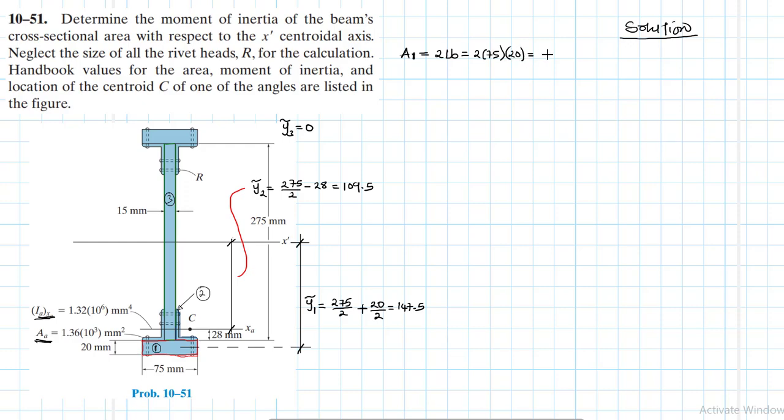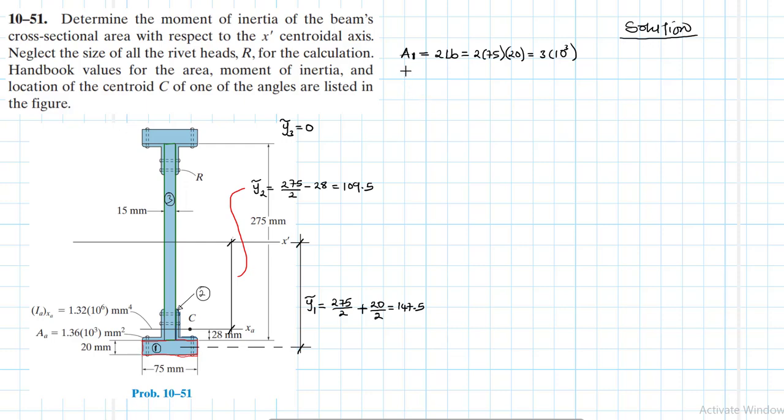Therefore, this gives us 3000. I'll write it the way they wrote the area, in scientific notation. So 75 by 20 by 2, that's 3000. I'll write it as 3 times 10 to the power 3.